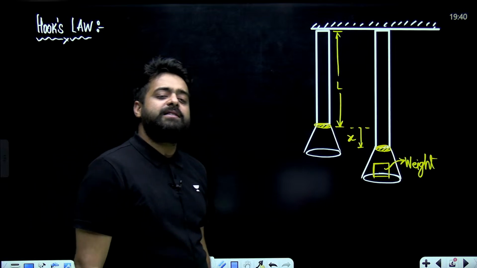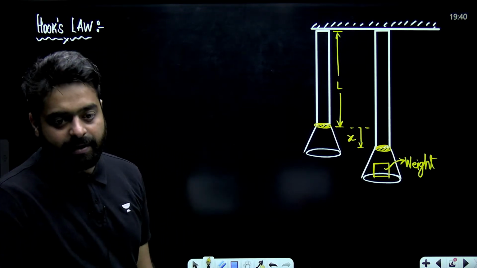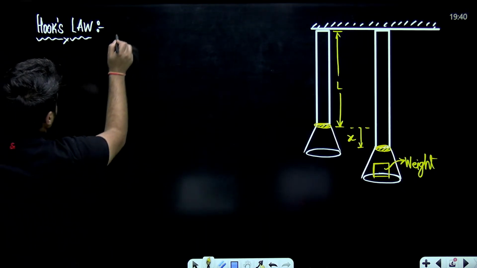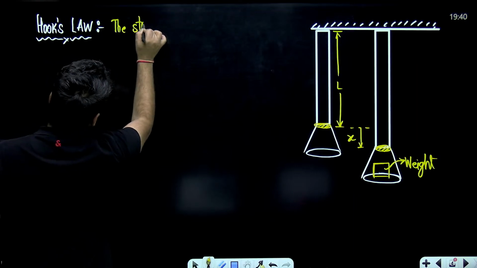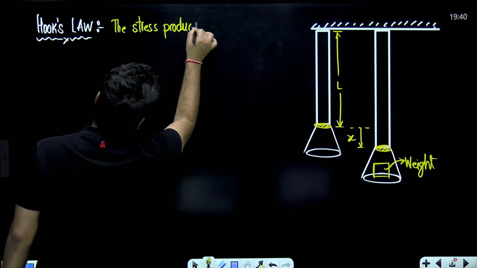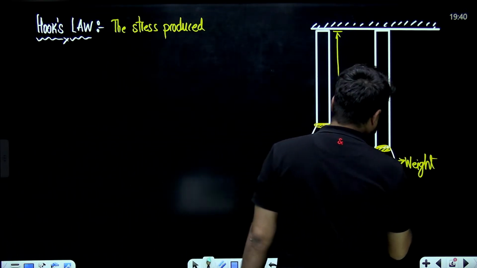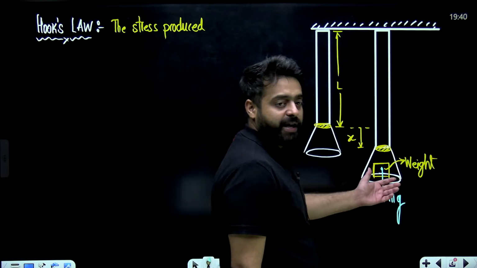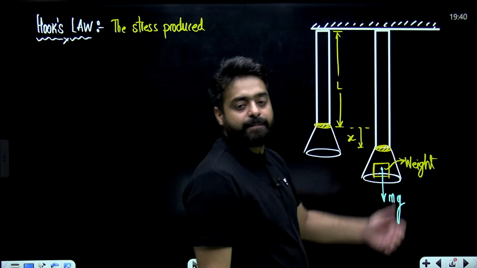So he defined, in a very simplified manner from his experimental study, the stress produced. Why is the stress produced? Simple: as you apply weight, mg weight is there, and that is the external force on this rod, due to which the rod gets extended.